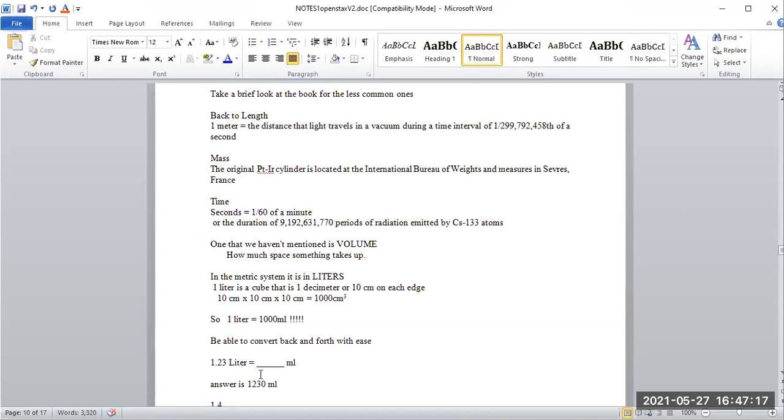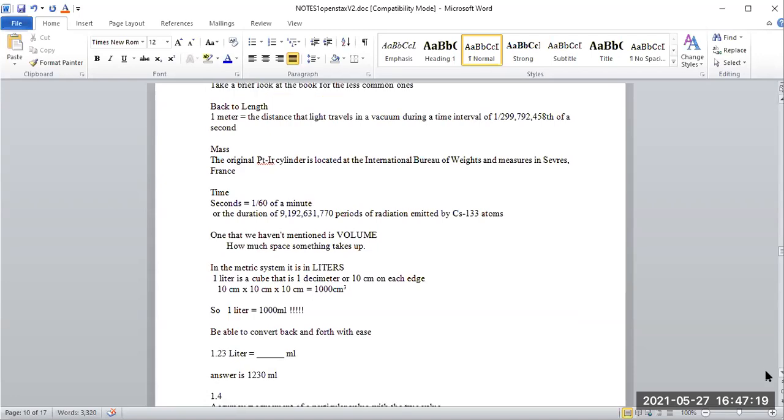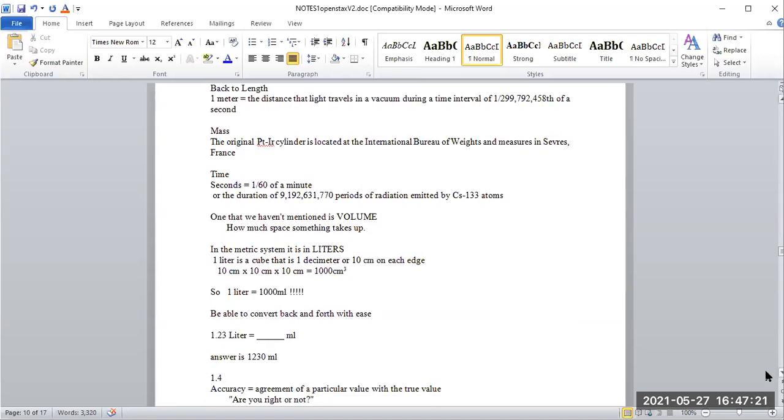So one of the ones we've kind of skipped around, or not mentioned, is volume. Volume is actually not a direct unit. It is literally how much space something takes up, but it's based upon the length measurements.